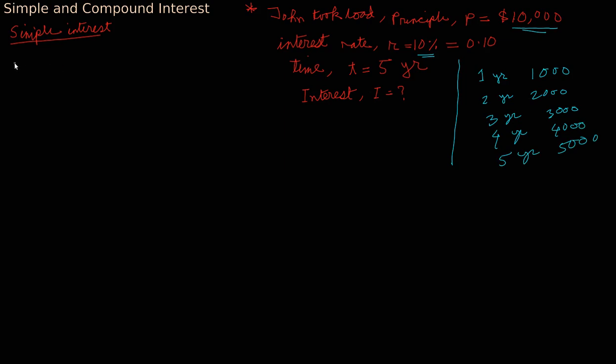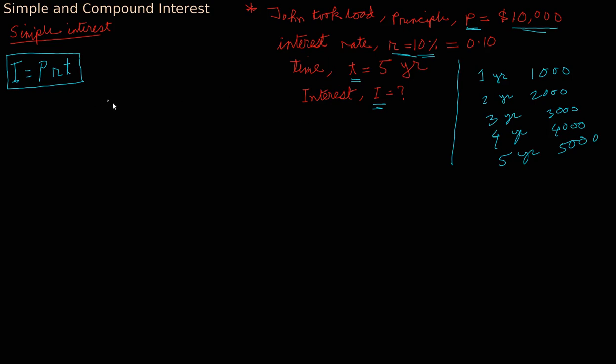Now see how I calculated that interest I. I is equal to PRT. I is the interest after T years, P is the principal value, R is the annual interest rate, and T is the time in years.